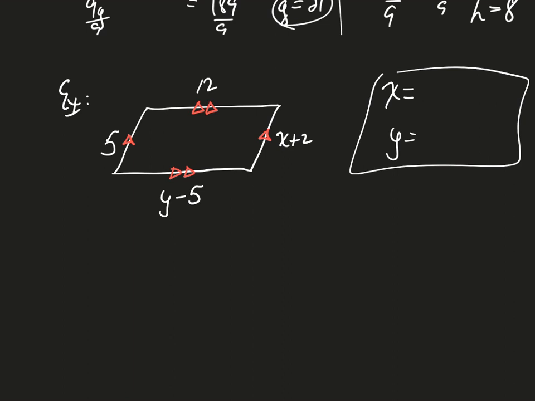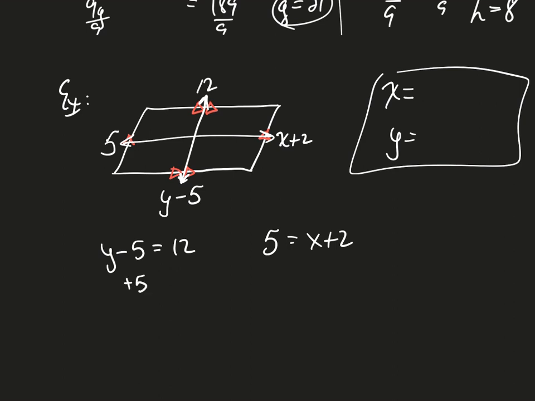So the y minus 5 and the 12 have to be equal to each other. Also, these two opposite sides have to be equal. So 5 and x plus 2 have to be equal, giving us two very simple equations to solve.